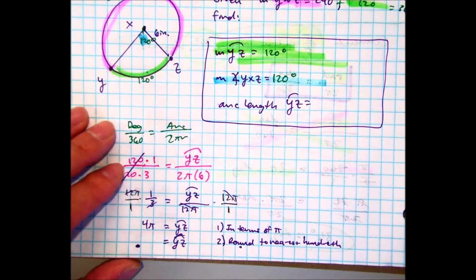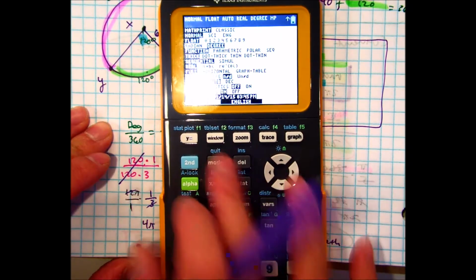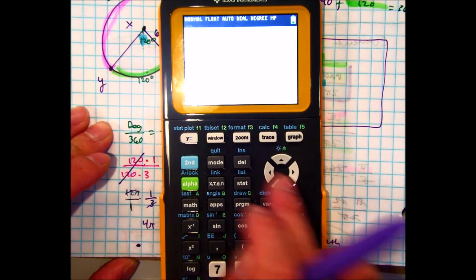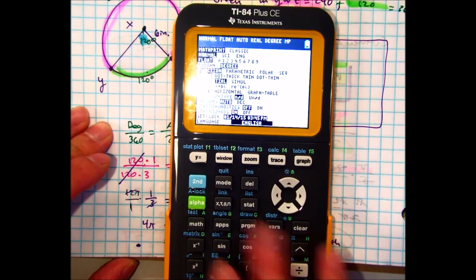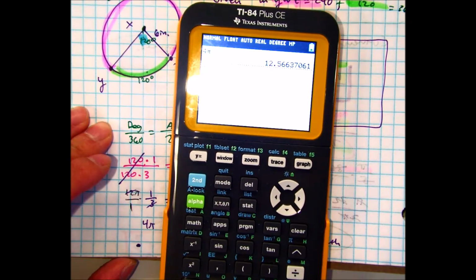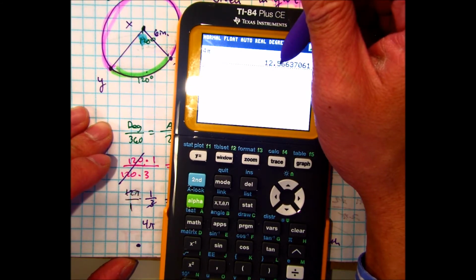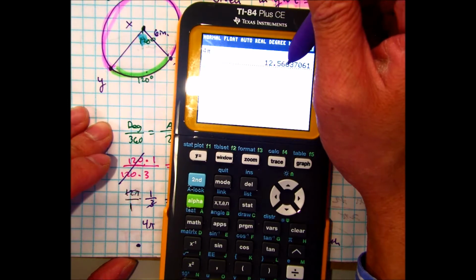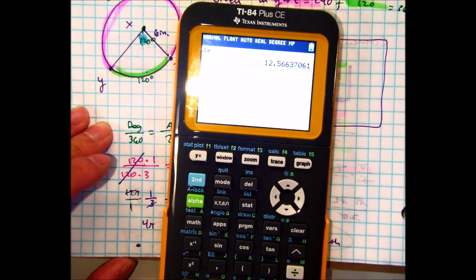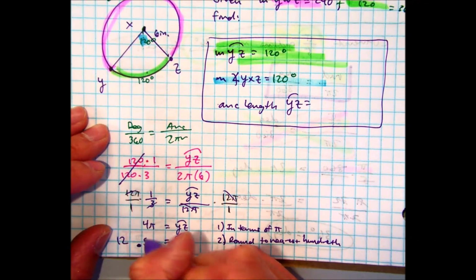Let's use our calculator. Make sure you're on degree mode. It says on my screen. I'm going to write 4 times pi. And I have it to the nearest hundredth, so I need 2 decimal places, which means I need to look at the third one. This is 5 or higher, so my answer is going to be what? 12.57.